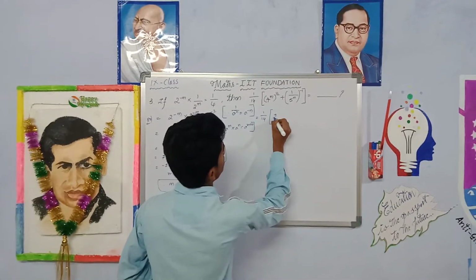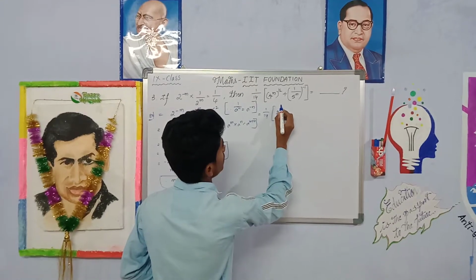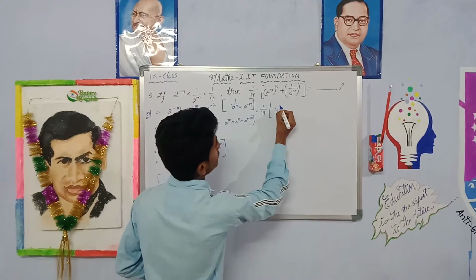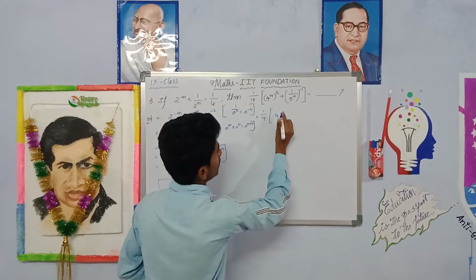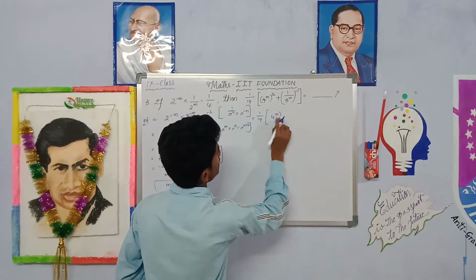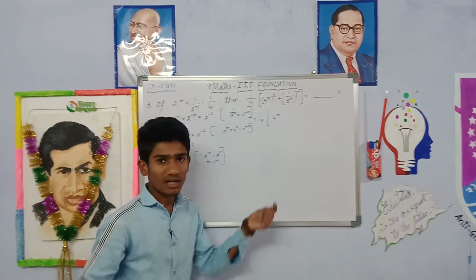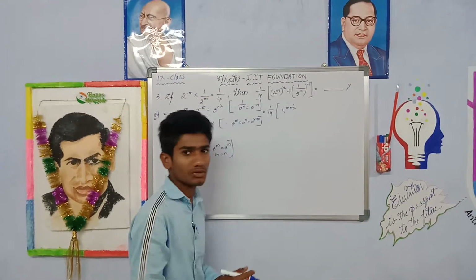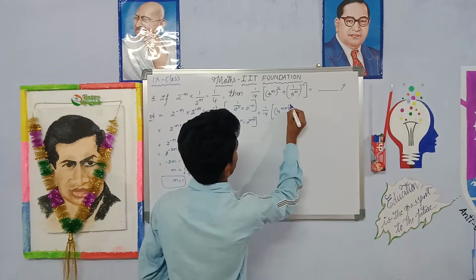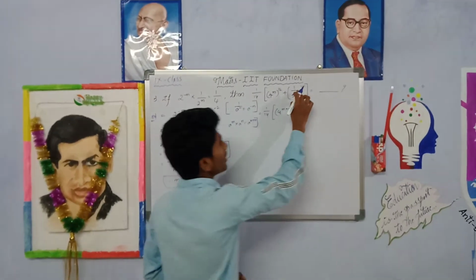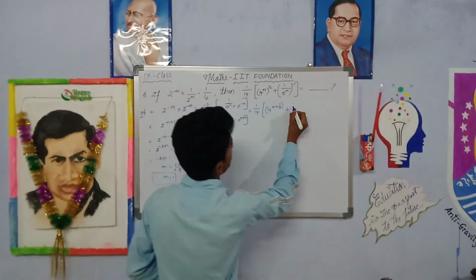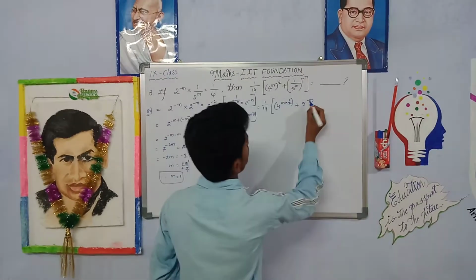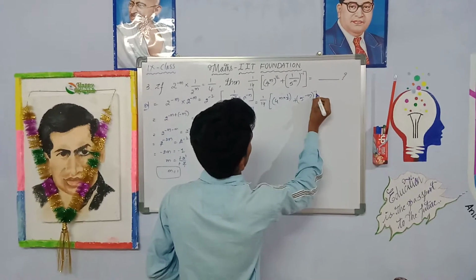So (4^m) whole power 1 by 2 is in the formula a power m whole power n, so 4 power m into 1 by 2. Next, plus 1 by a power n is equal to 5 power minus m. Next, whole power minus 1.